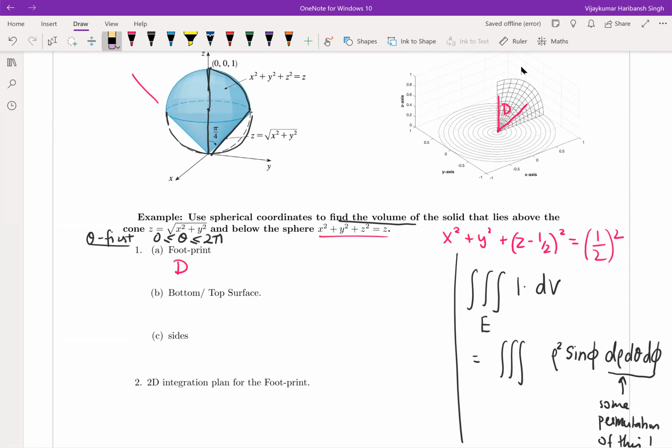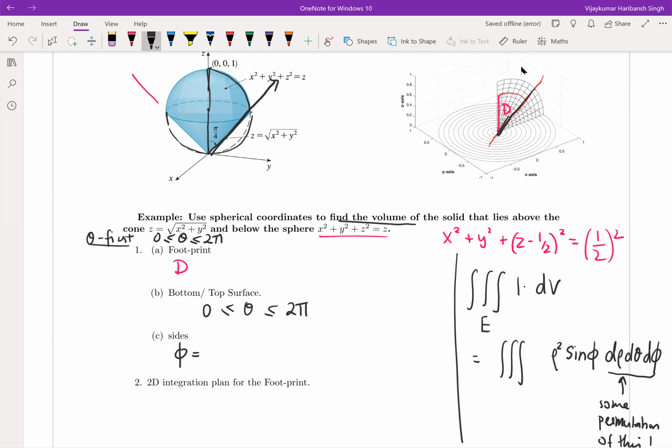D doesn't look that pretty, so let's draw D properly. This is a reasonable representation of my D. Now, what are my sides in this case? Top and bottom we have already figured out: theta first, so theta goes from 0 to 2 pi. Now, one side is phi equals what?